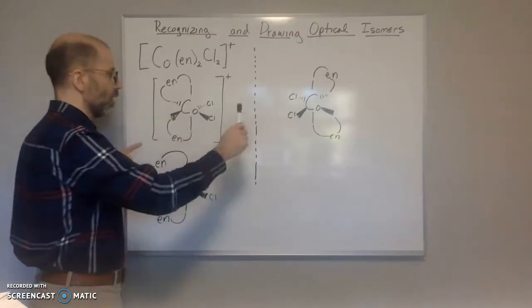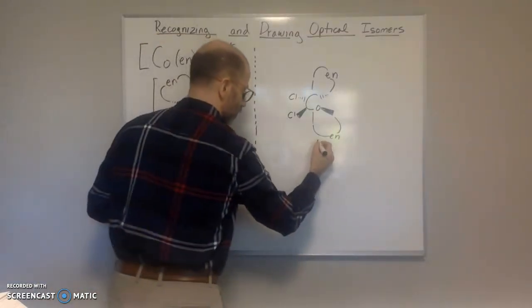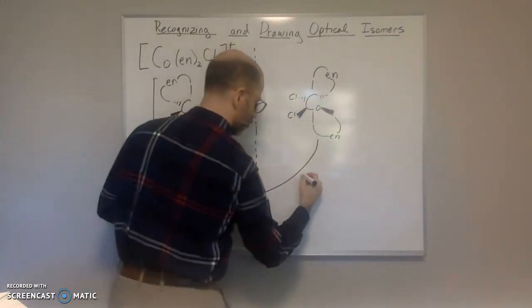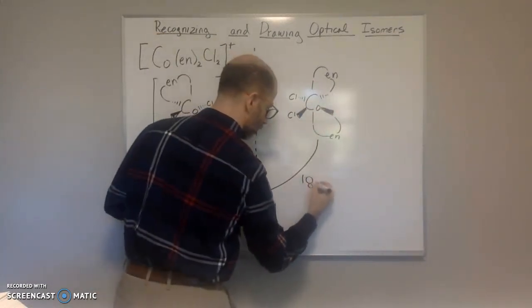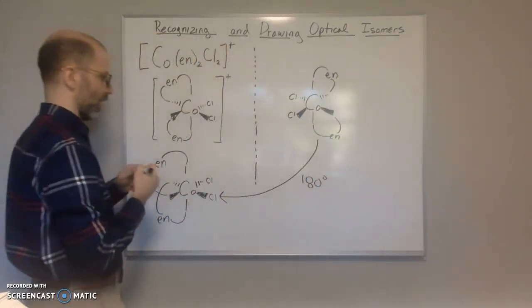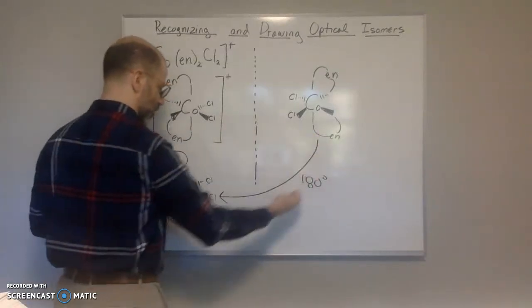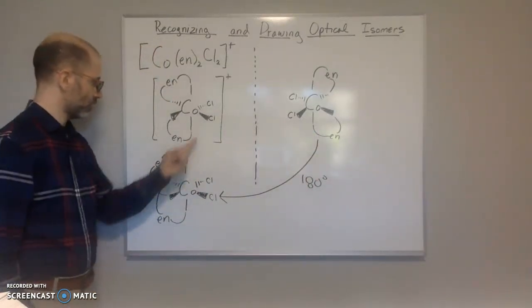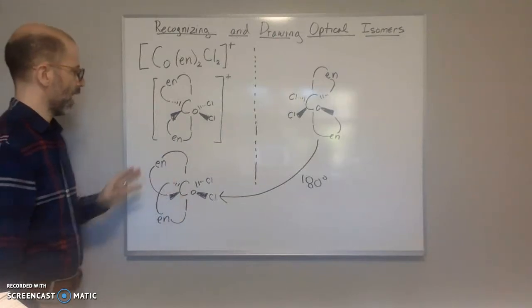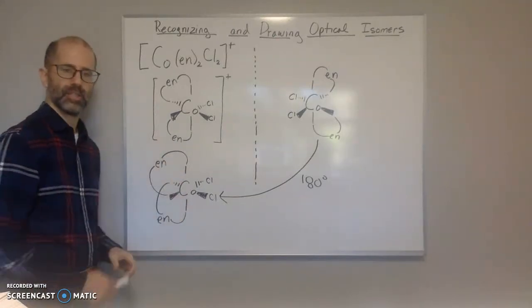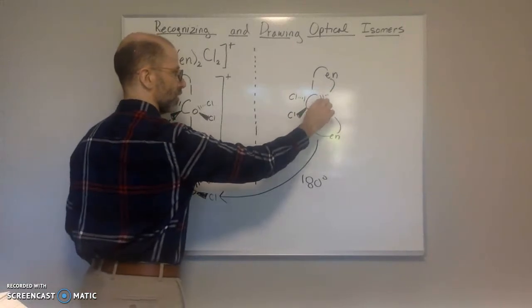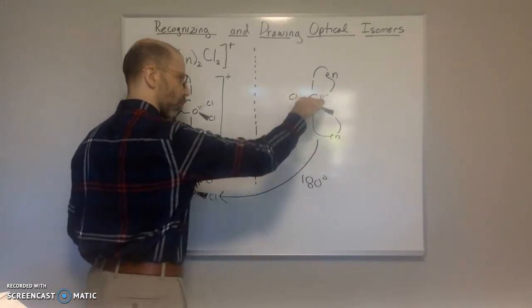So what we do here is we rotate this 180 degrees, and then we compare these two. Are these superimposable? It's hard to see at first, but what you can see now is when you turn this, this is into the board.